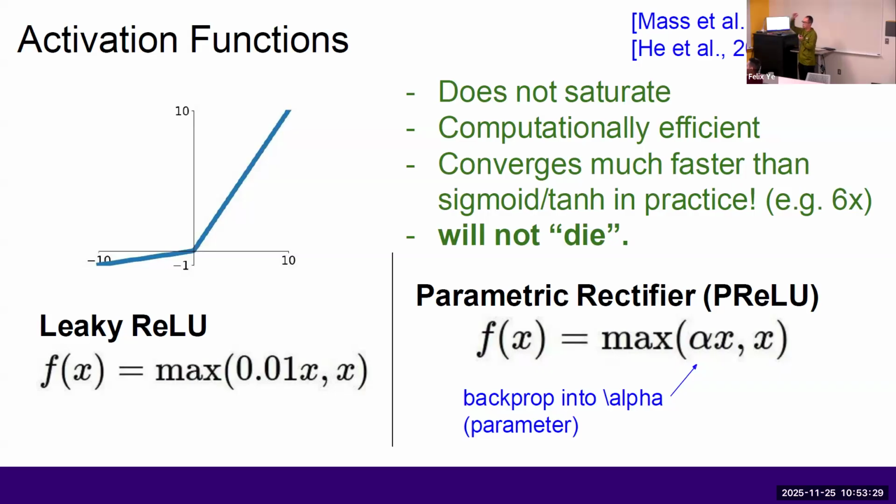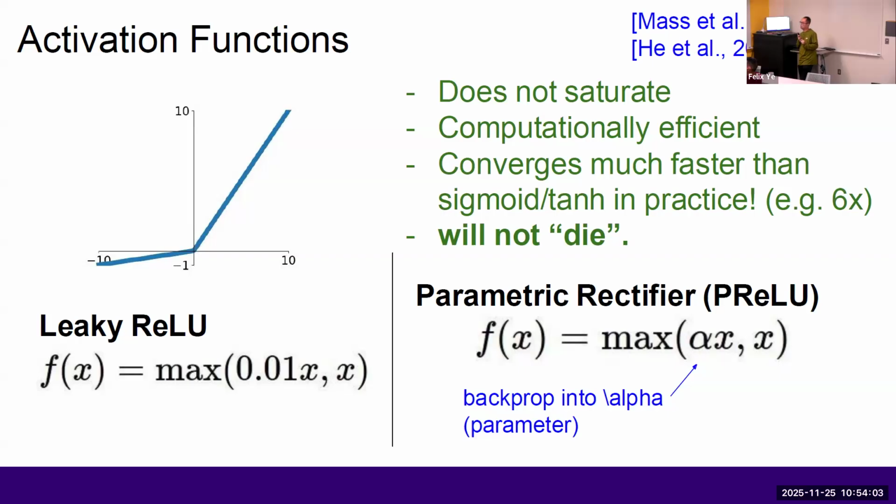This is very similar to ReLU in the region of -10 to 10, but the difference is that when x is less than zero, the function behaves like 0.01 times x instead of zero. In this case, the neuron will not die. If it is less than zero, it just behaves very, very slowly, right? And of course, 0.01 is a very ad hoc value.